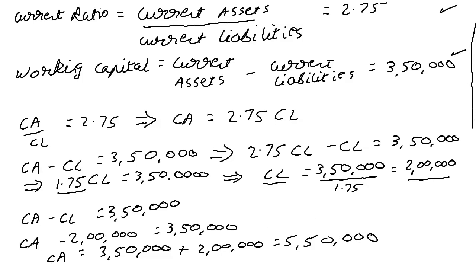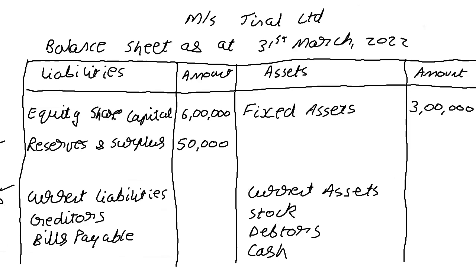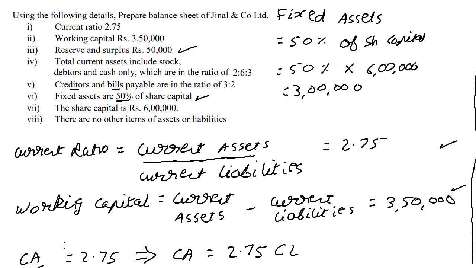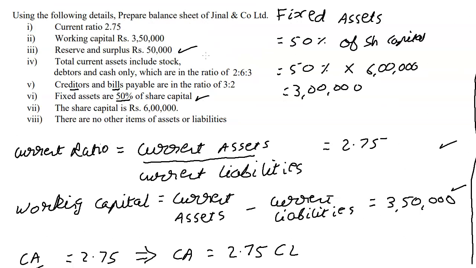Okay, so 5,50,000 and 2 lakhs is our total over here, but we've been given some ratios. Okay, so remember, they've told us that total current assets, which we now know, is 5,50,000. Okay, so I'm just going to make a bifurcation here. Right, total current assets is 5,50,000, which I need to break up in this ratio.